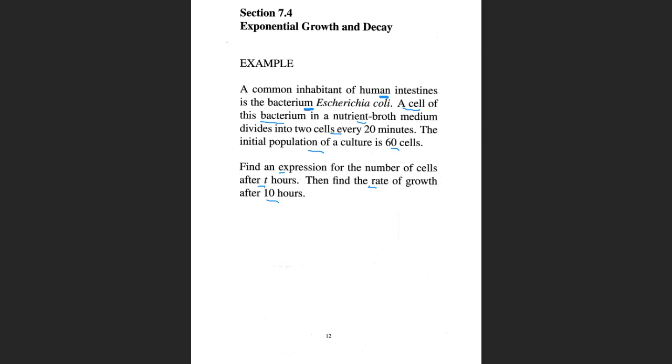Okay, so for this problem, what do we need to do the problem? What is missing from this problem that we need?